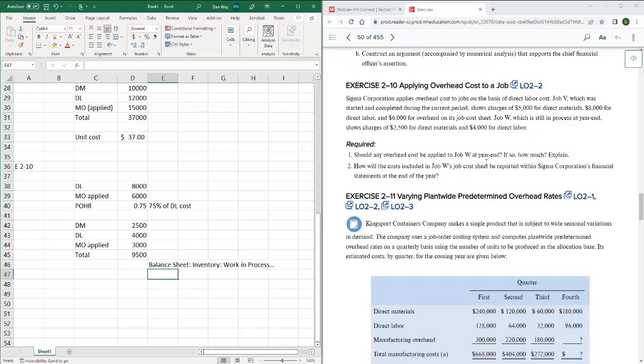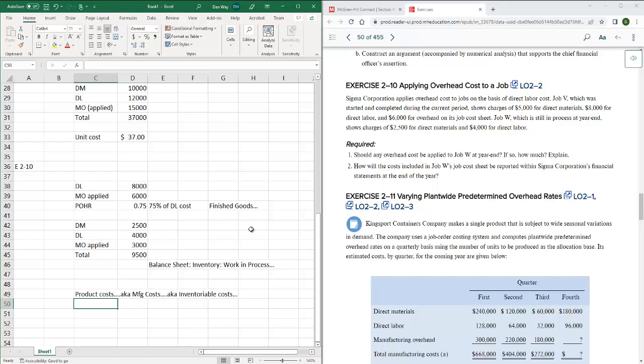Just like all the costs for job V, which was finished, would show up under inventory as well, but under finished goods. That thing's done, it's ready to sell. So all of our product costs, if we think back to what we read in chapter 2, these are what we call inventoriable costs. So product costs, aka manufacturing costs, aka inventoriable costs, they all flow through inventory.